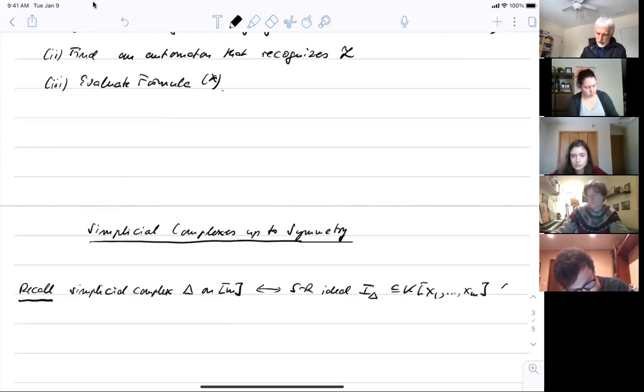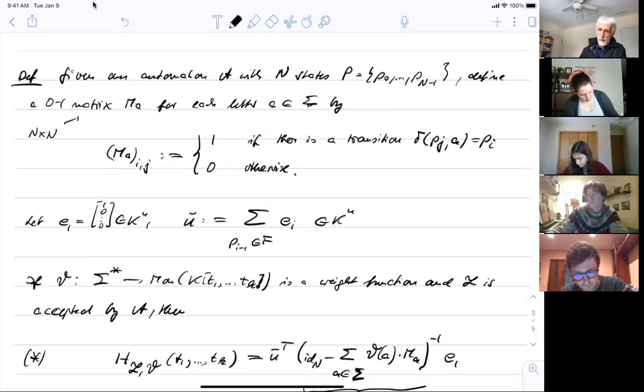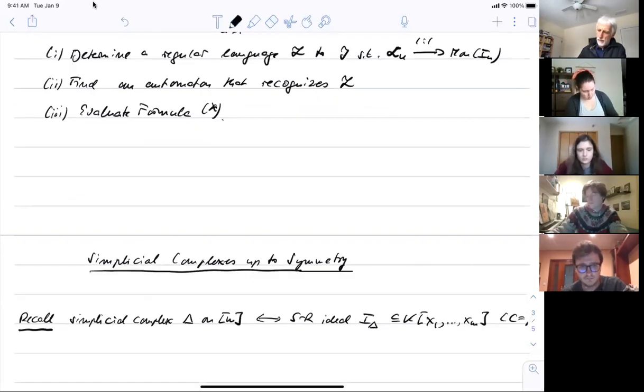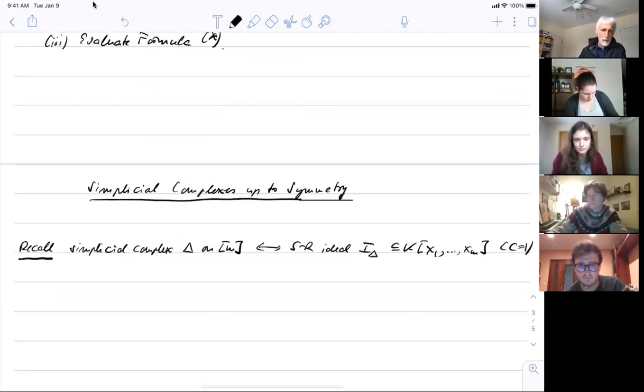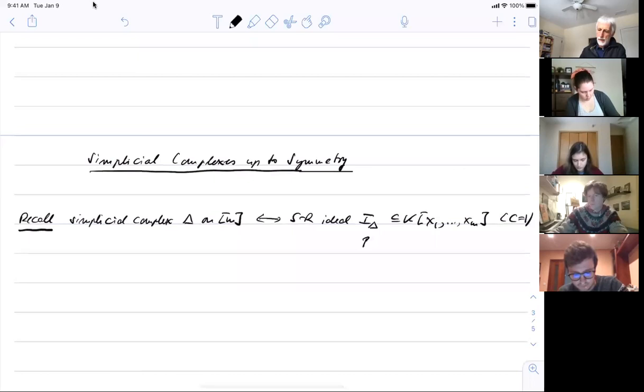And that's in the case C equals 1. But that doesn't matter too much. And so this is a square-free monomial ideal.